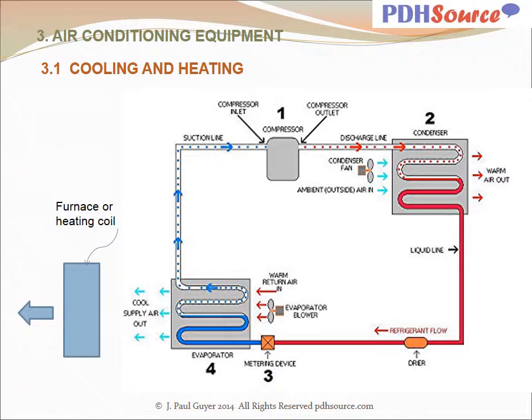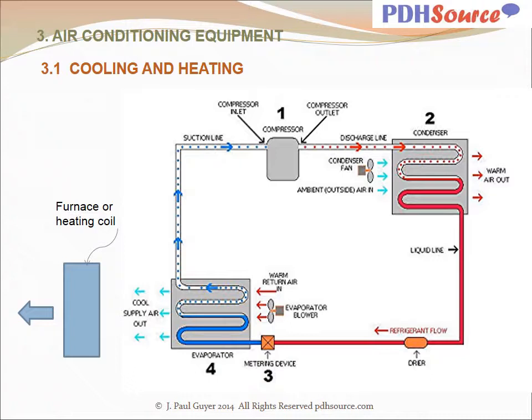Now the element that heats the air when heating is required in the winter is typically a furnace, or it could be a heating coil, where you would have a hot liquid or steam.